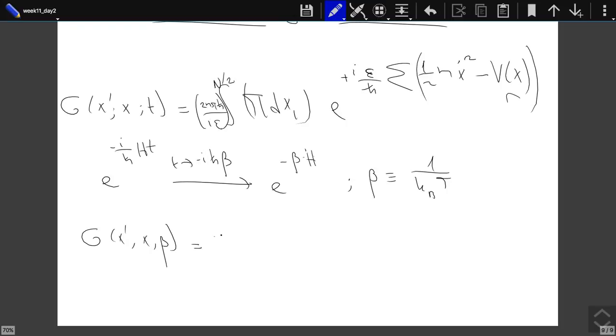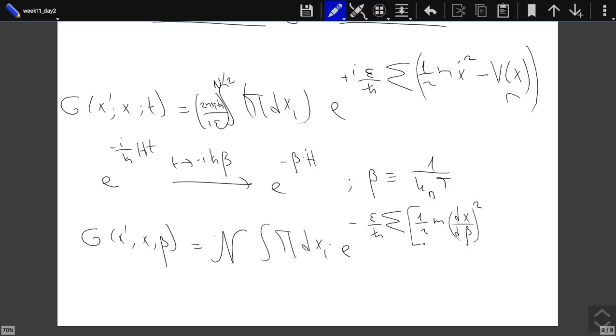So it just becomes some normalization, whatever you choose, times the integral over dxi, e to the power minus 1 over h bar times the integral of 1 over 2 m dx by d beta squared, or let's say dx by d tau squared, plus V of x. You will be integrating over tau from 0 to beta.